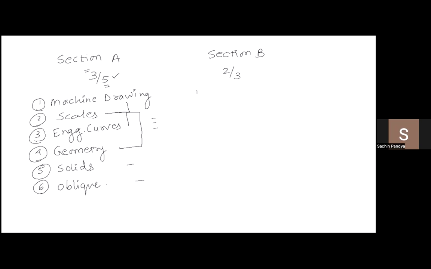And for section B, we have section of solids, isometric, or copy isometric. So they'll ask you either isometric or copy isometric.